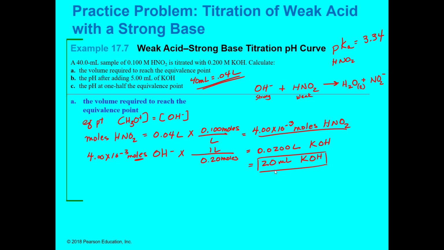So if you're looking at equivalents, then it just has to be equal to whatever the number of moles are of your known, in this case, acid. And then take those moles, plug them in, multiply by the molarity, because as long as you know the molarity, you can figure out the volume.